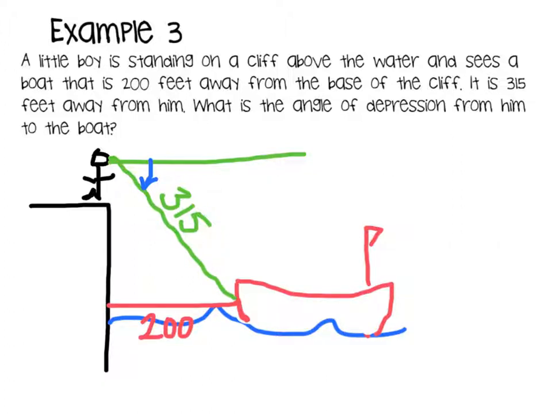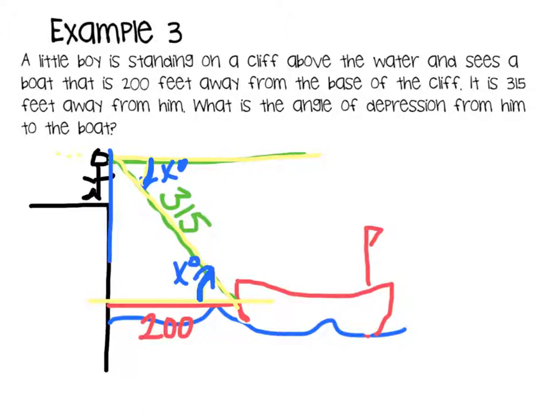What I hope that you recognize is that we have two parallel lines and a transversal, meaning that we have alternate interior angles that are equal. So whatever this angle is, your angle of depression, this angle is the same. So really we're looking for this angle right here.